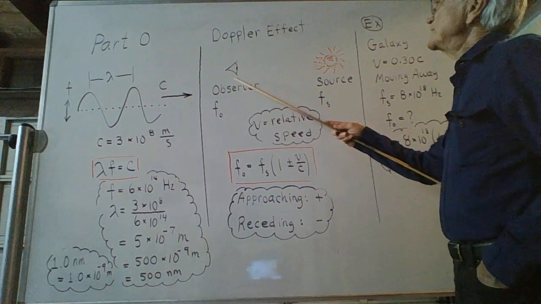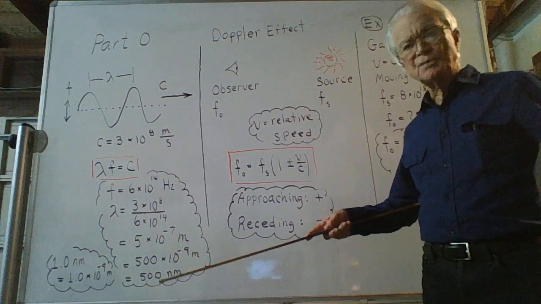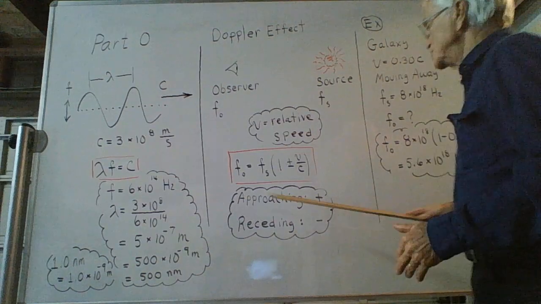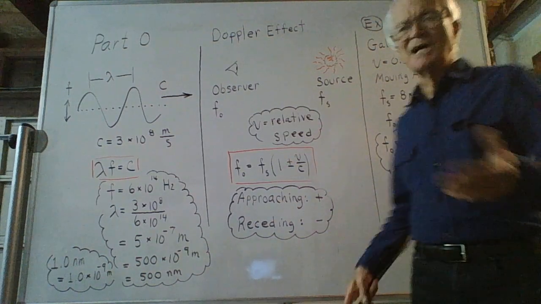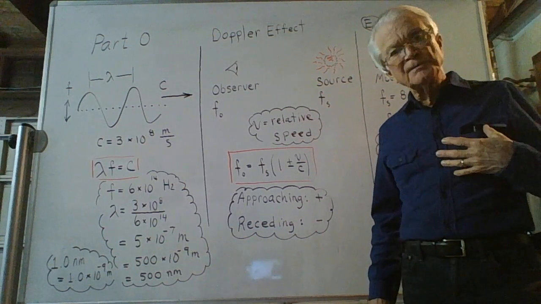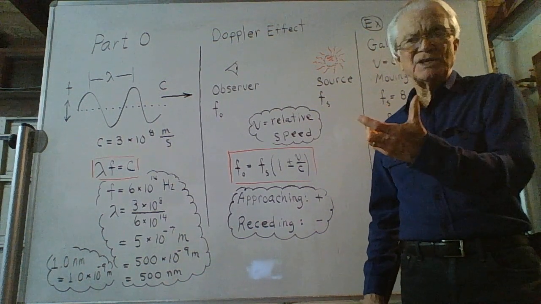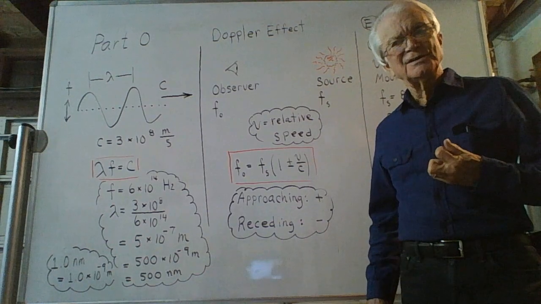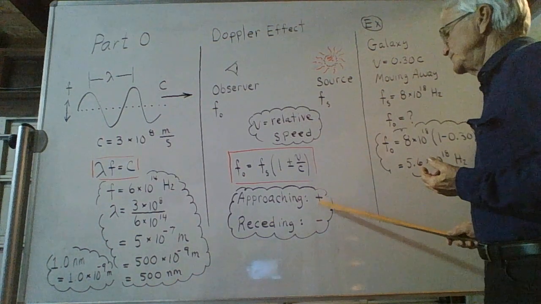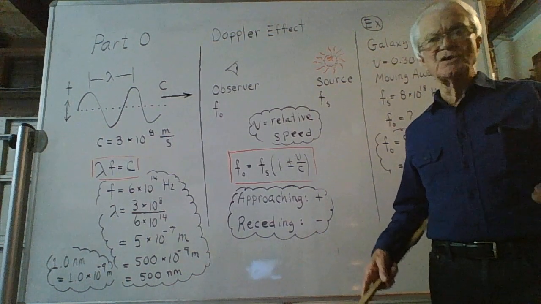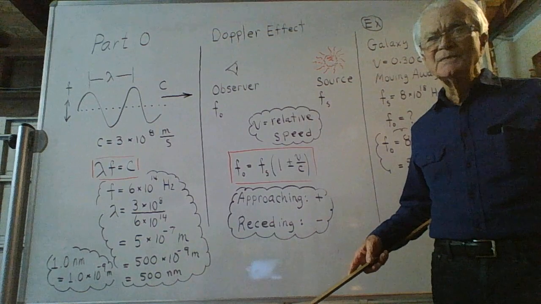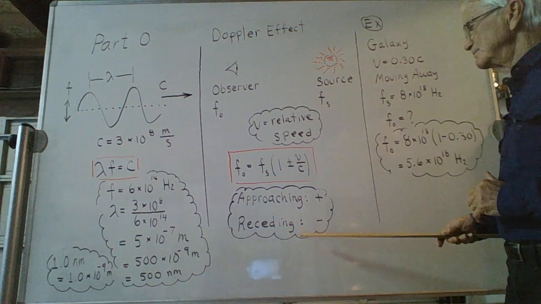If the two entities, observer and source, are approaching each other, getting closer to each other as time passes, then choose the positive sign. That's analogous to a person on the street corner watching an ambulance race toward her. The two entities are getting closer and closer and closer together. They're approaching. And so the rule is use a positive sign. Otherwise, if the two things are getting farther and farther apart, that is to say, if they're receding from each other, use a negative sign.